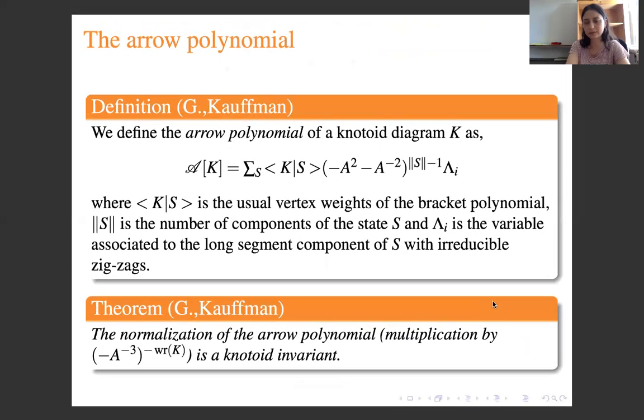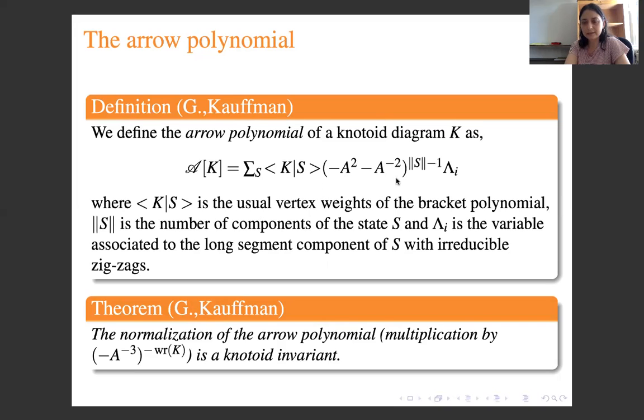So we define the arrow polynomial as an extension of the bracket polynomial. We define it as a summation over the states that we obtain by smoothing out the crossings of a knotoid diagram K. So we have the usual vertex weights here, just the multiplication of the coefficients coming from the smoothings of the crossings, A's and A inverses, in the corresponding state.